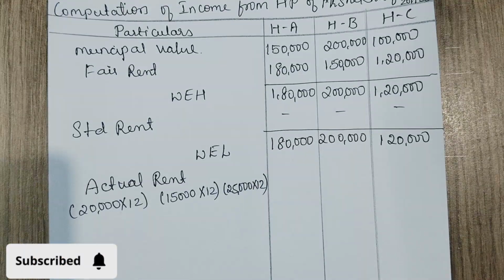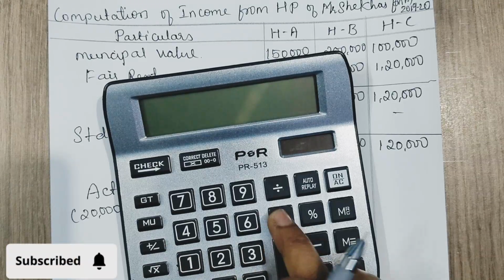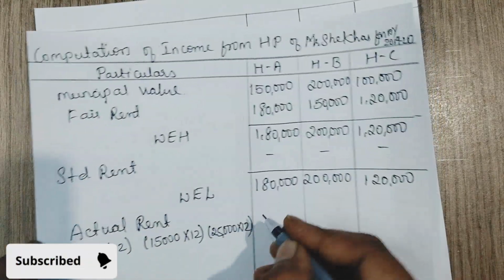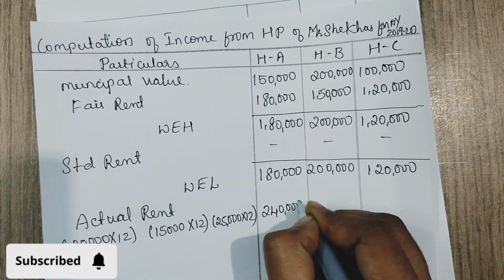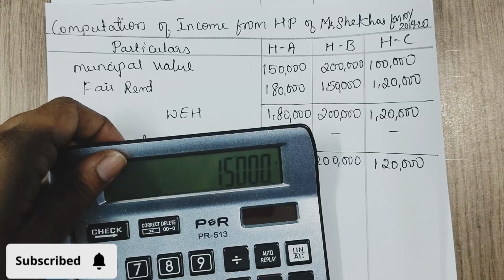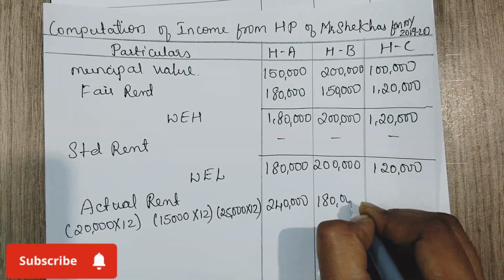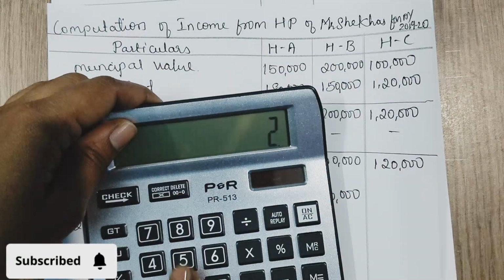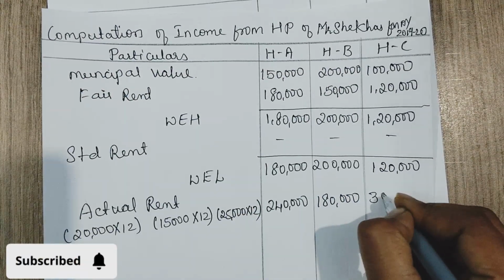Let us calculate this. 20,000 into 12 is 2,40,000. Then 15,000 into 12 is 1,80,000. 25,000 into 12 is 3 lakh.